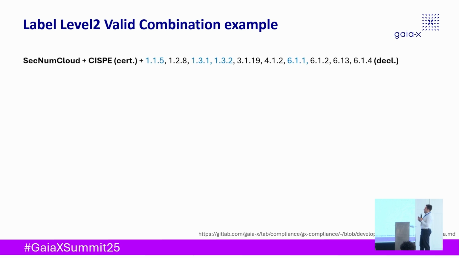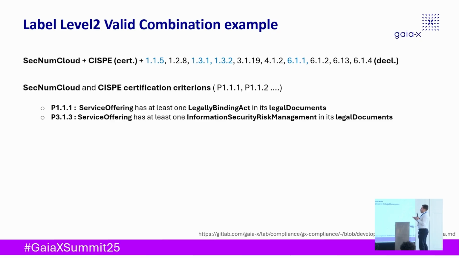For example, for SecNumCloud and CSPE, we will need all the certifications for both of the required standards, and we also need the declaration criteria in addition to that. So let me explain a non-exhaustive list of the certification criteria.